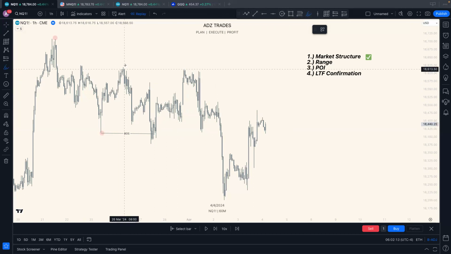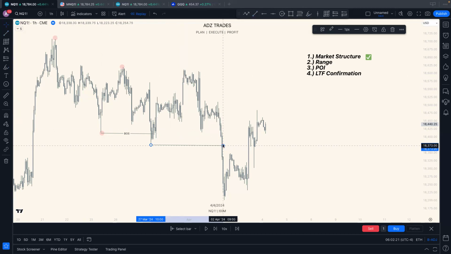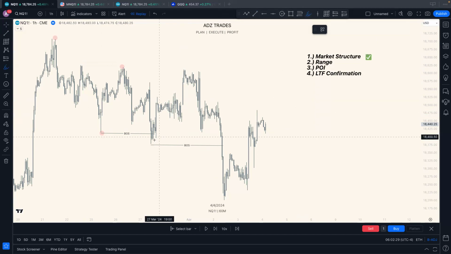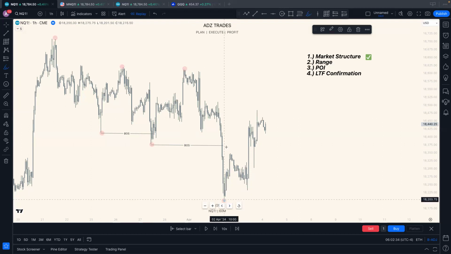So then we have a low. So we have a high here because this is the highest point between a low and where we broke it. And then we have this low here. And then we break that. So that's a break of structure. So now we have a new low, a new high, and then we have a new low. So now I know I've identified we have a bearish market structure.